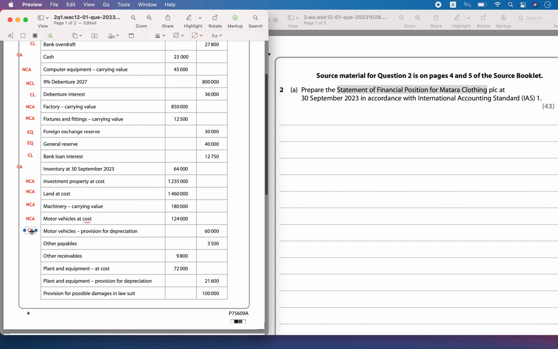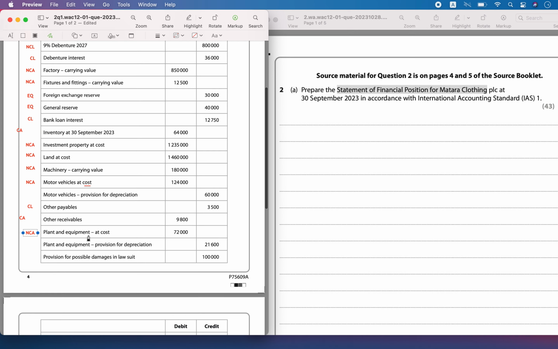Then other receivables. Other receivables are going to be coming to your business, so it is going to be a current asset at this point in time. Then plant and equipment at cost, it is a non-current asset. It has some depreciation calculations which we have to do and state it at its carrying value in the asset section.